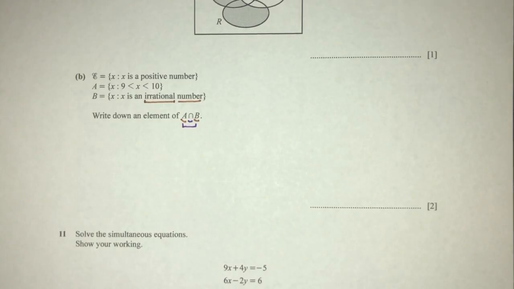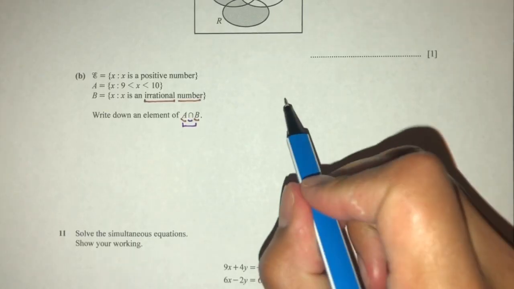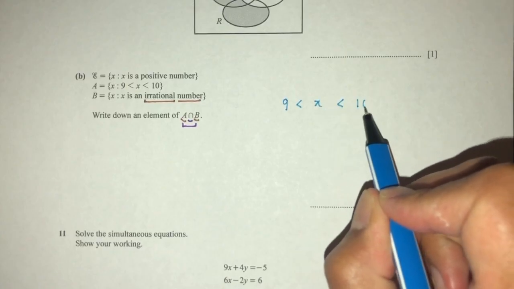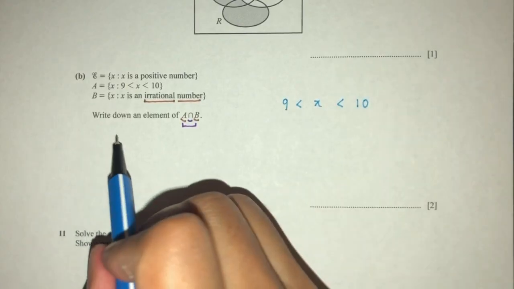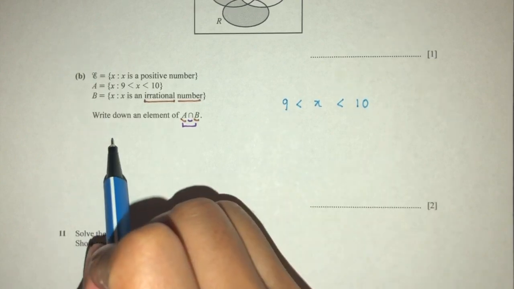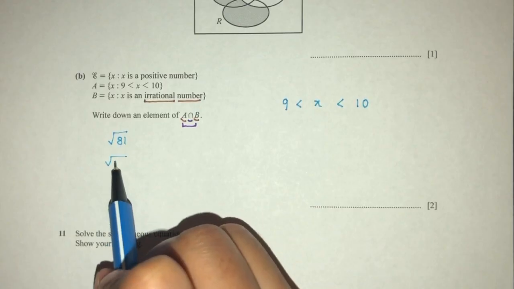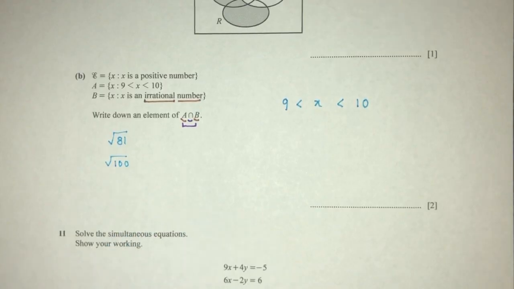One trick is to use a bit of logic here. We have x between 9 and 10. Now 9 is the root of 81, and 10 is the root of 100. That makes sense, right?